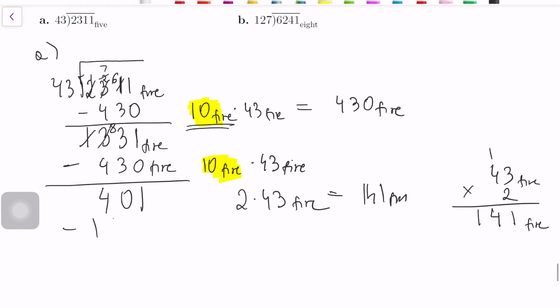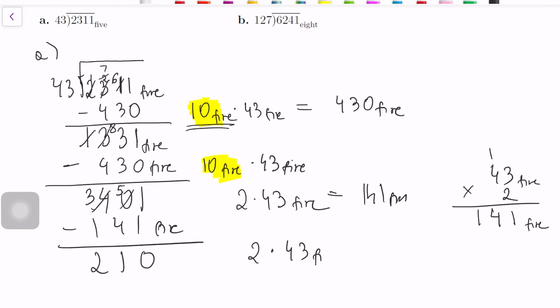So now I have to subtract that and see what's still left. So that's 0. I borrow from a block, which creates 5, I borrow from a flat, which creates 5 longs. And so I have this. So it seems I can fit 2 times 43 again, because I know it's already 141.